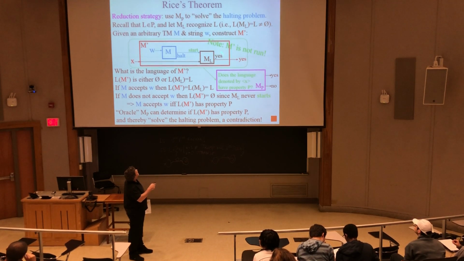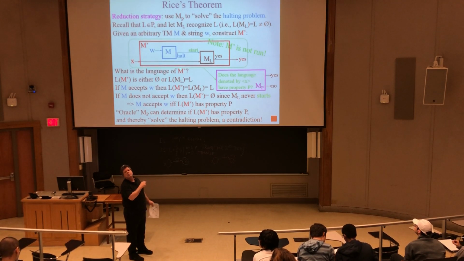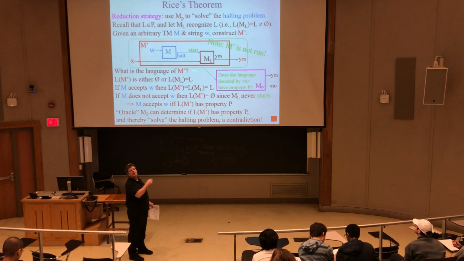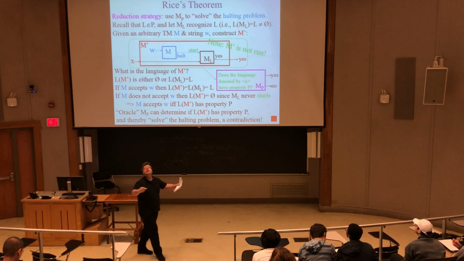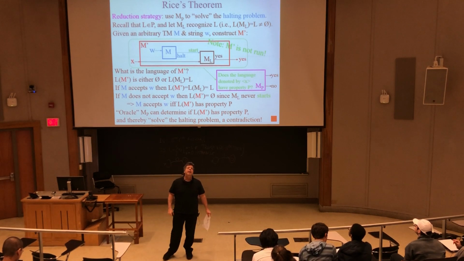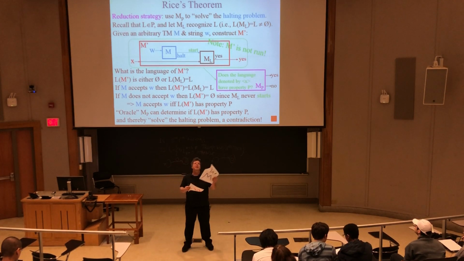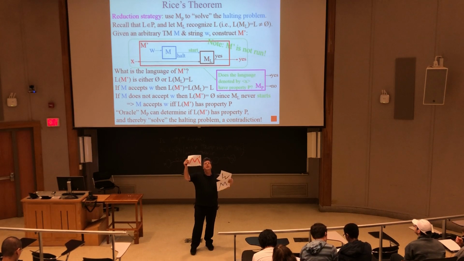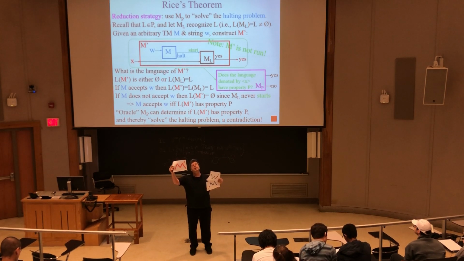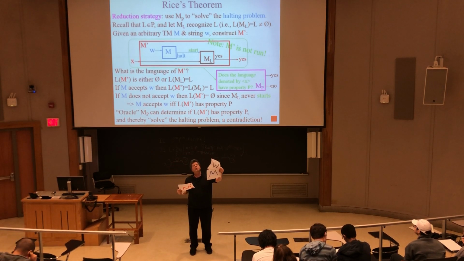And it won't just be empty because M didn't halt on W and this was never triggered. This could still be triggered, M can halt on W, and it would still be empty, and you'd have no way to disambiguate these two cases. And it won't tell you what M did on W, because the language of M prime will be empty whether M halted on W or M didn't halt on W. So you won't have a way to disambiguate.